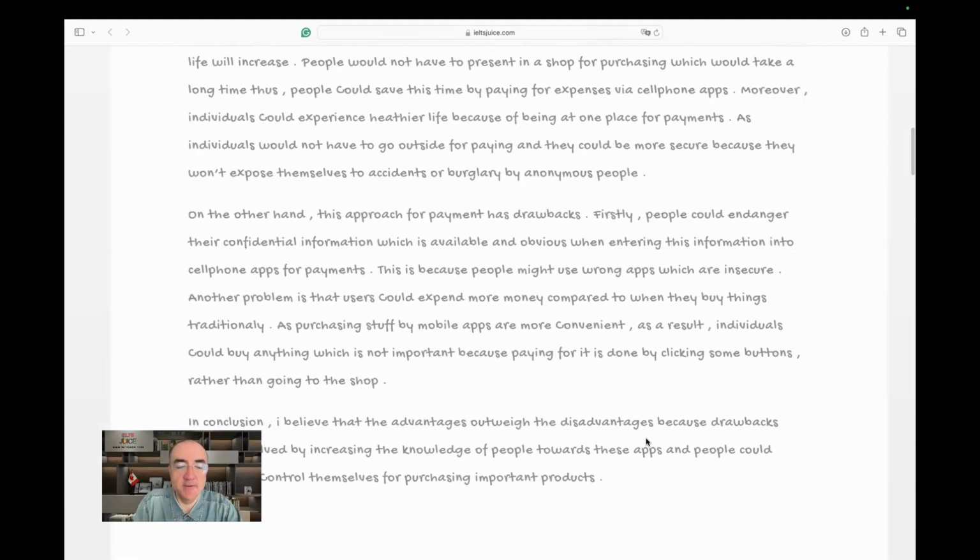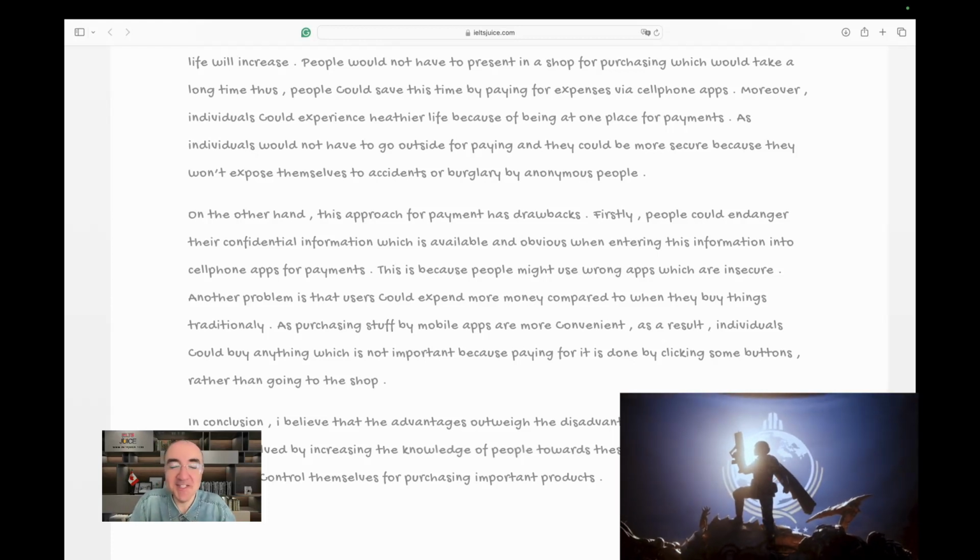On the other hand, so we talked about the advantages of paying, and the advantages were basically you don't get into accidents, you are more comfortable, you don't have to find the shop and get there like a soldier at the battlefield.